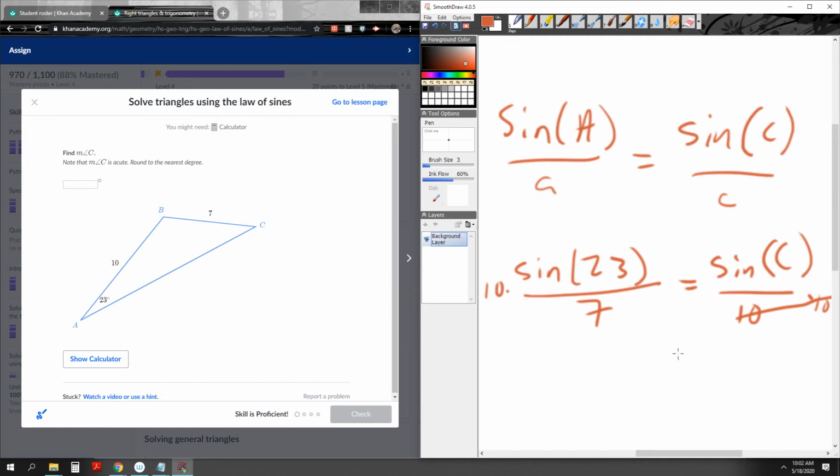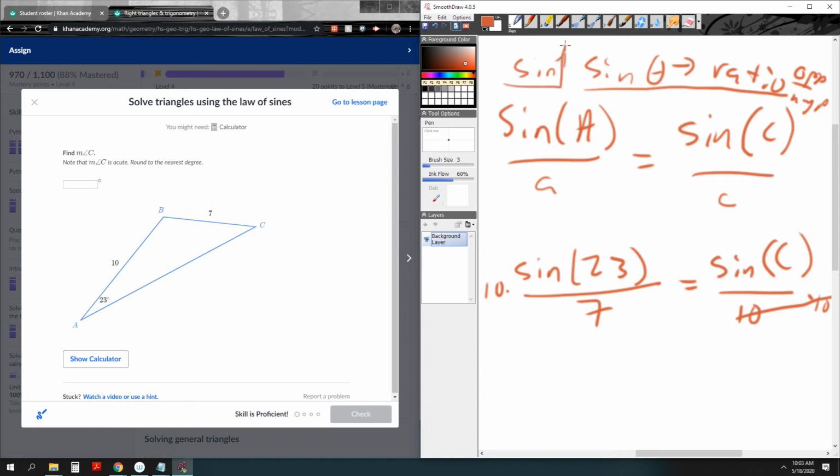How are we going to get rid of this sine? Well, remember, sine, like most things, takes an angle and turns it into a ratio, right? Opposite over hypotenuse. Well, we will know a ratio, right? And we want to know the angle. That's sine inverse, right?